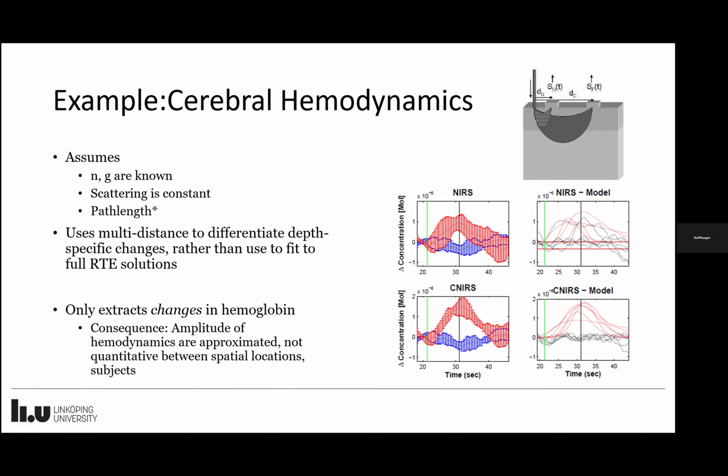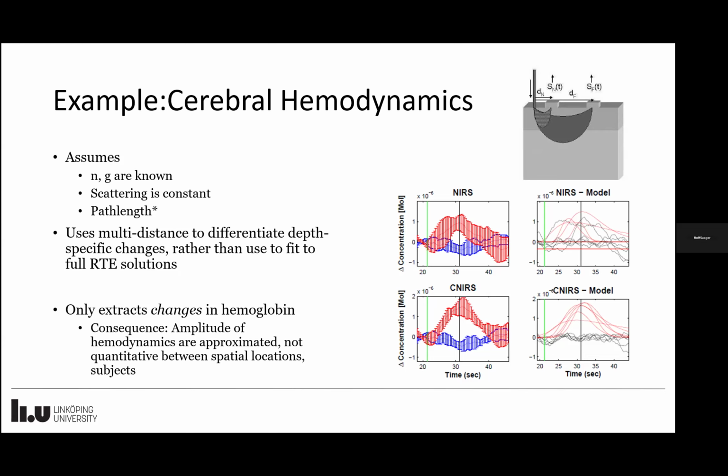But yeah. So, it was just the very simple, yeah, now you're making me think almost 20 years ago. But it was the standard: we had two different wavelengths, fluctuations of signal, assumed constant scattering, assumed a given path length and a differential path length factor for each wavelength.